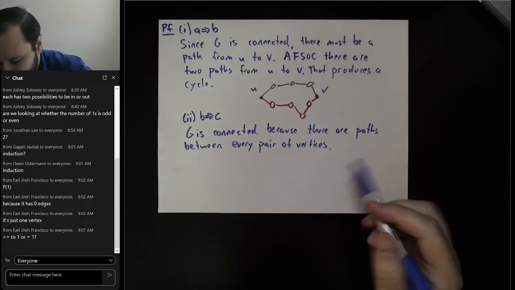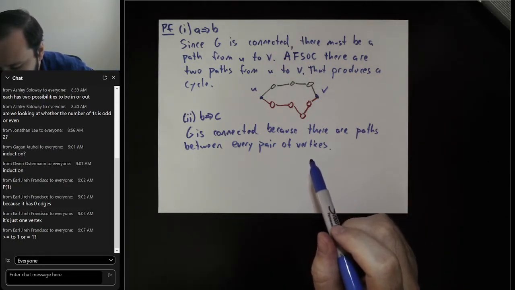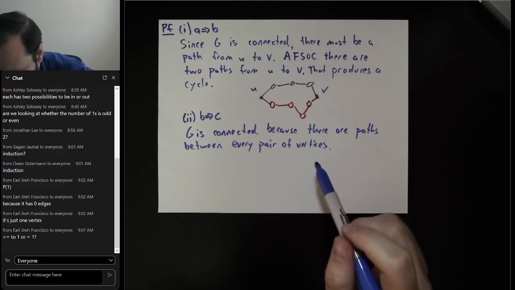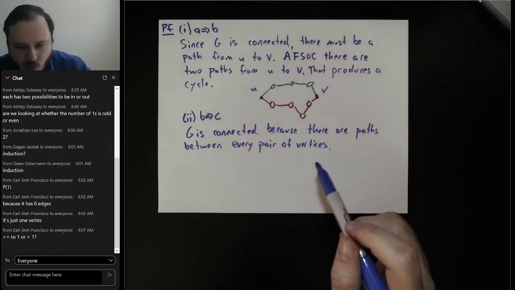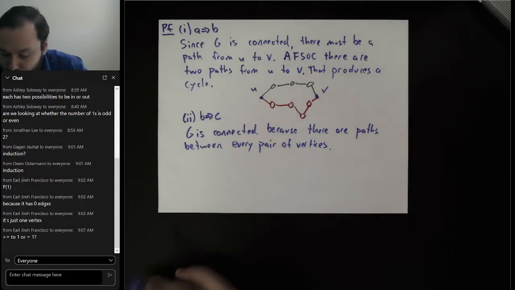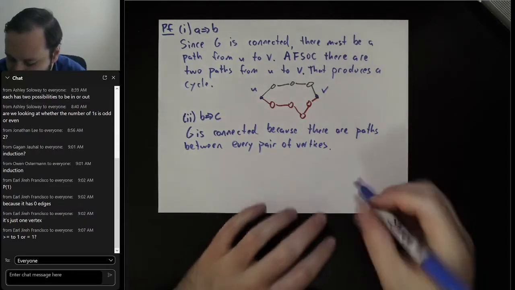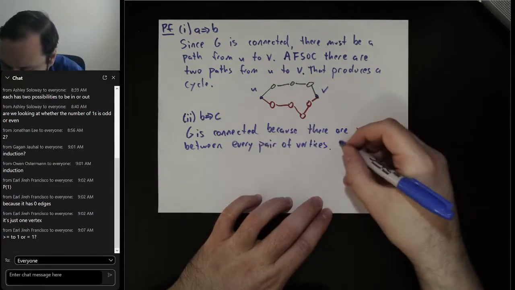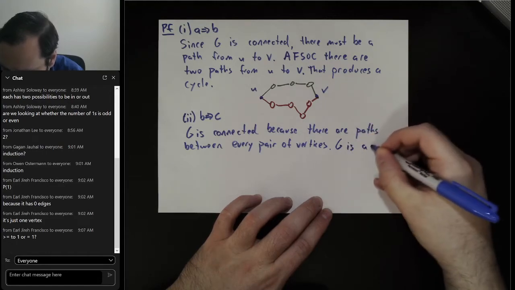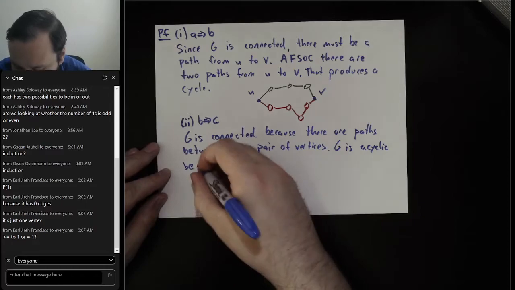Because I know I'm connected, if I can prove I'm acyclic, then I know from this last theorem that I proved that I'm a tree, and therefore I have the right number of vertices and edges. So G is connected, G is acyclic, because otherwise there would be two paths.